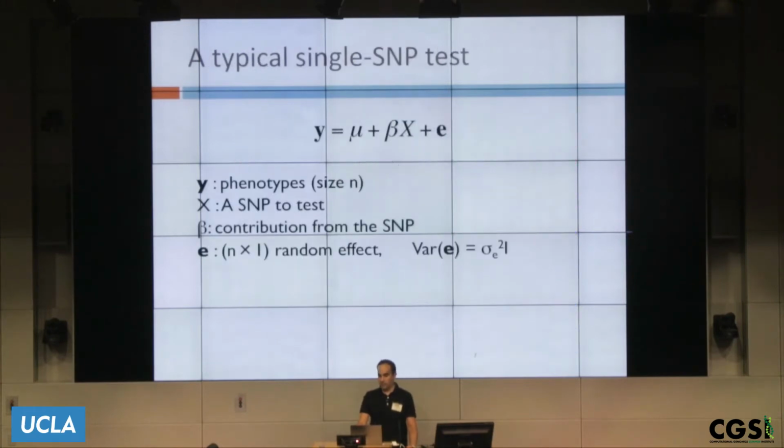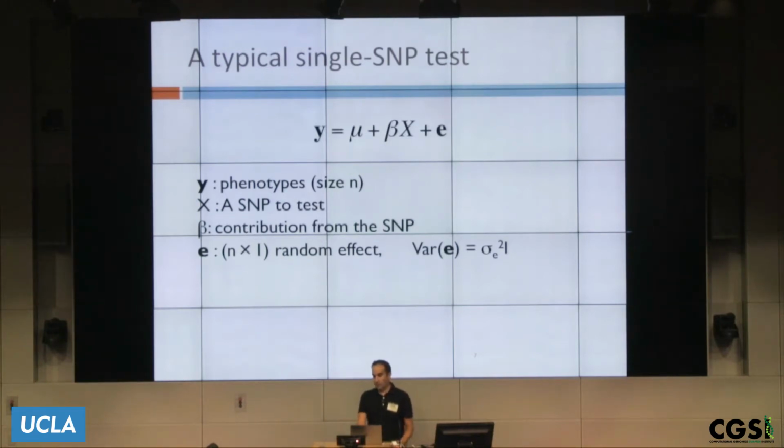If I introduce a little bit more notation, thinking of this in terms of vectors, this is what the model looks like. y is now a phenotype vector of size n, where n is your population size, and x is a SNP vector, also of size n, which holds the genotypes in the population. Beta is the contribution of the SNP, and e is what's called a random effect, the contribution of the environment.